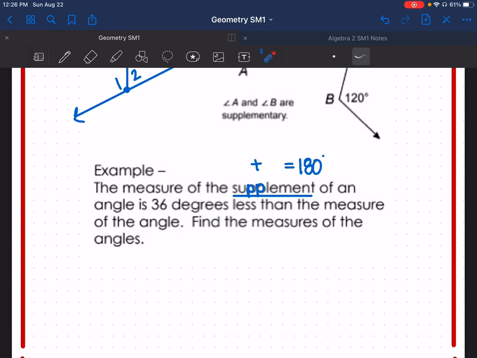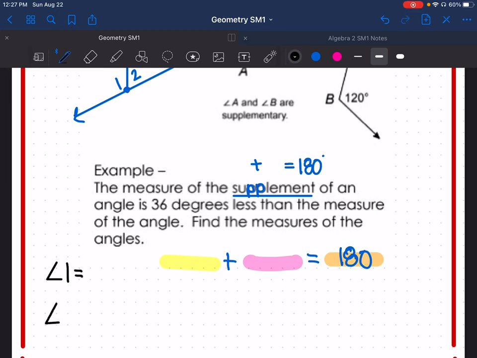All right, find the measures of the angles. Here we go. I know that angle 1 plus angle 2 has to equal 180 degrees because of the word supplement. So I know that this is true. I've just got to figure out what to put for angle 1 and what to put for angle 2.